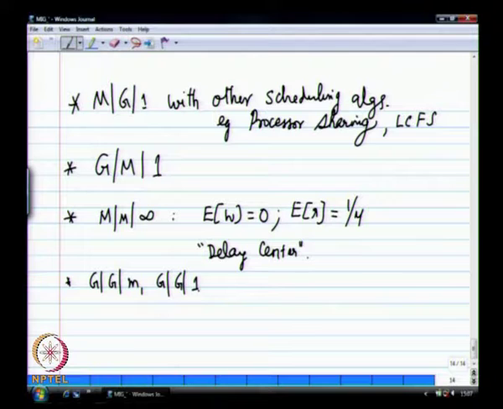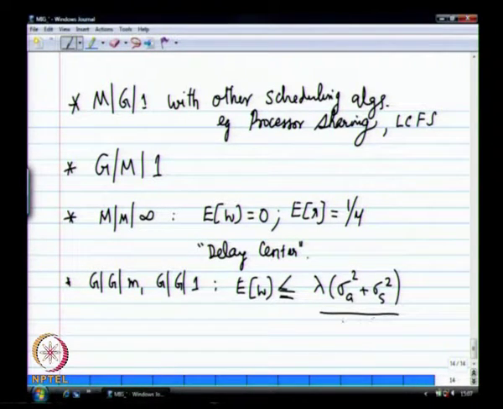So if you look at a G/G/1 system, there are some bounds in terms of the waiting time. You don't have closed form solutions, but there are at least some decent bounds that tell you that the delay will be less than this. So for example, for G/G/1, the waiting time E[W] is bounded by this.